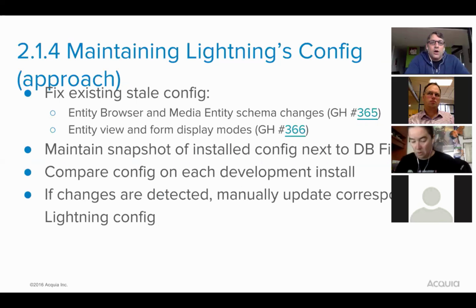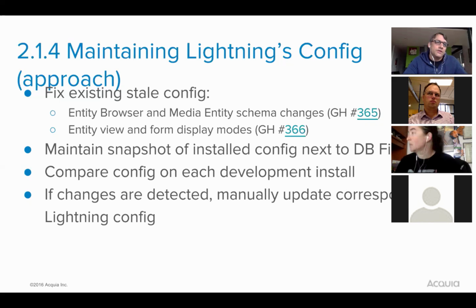So the solution was to make a complete export of Lightning's config after a clean install and store that in basically a test directory inside of our VCS next to our database fixtures. And now our install target from Phing will re-export that config, and we'll use Git to detect any changes to it.